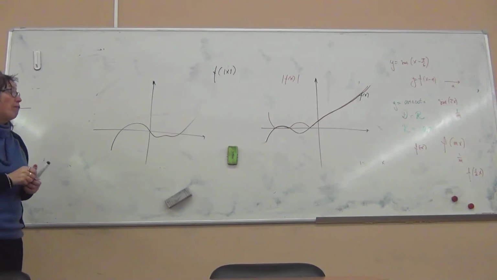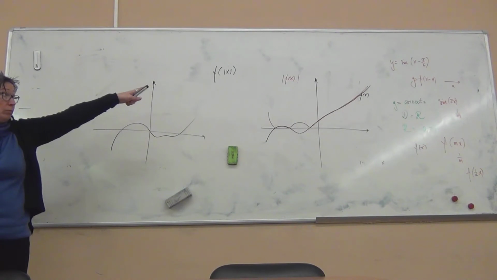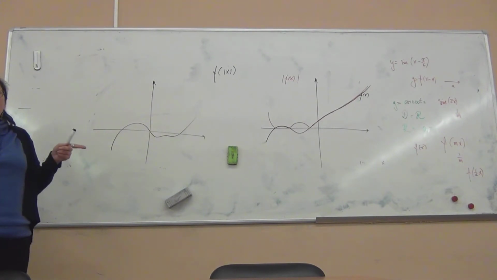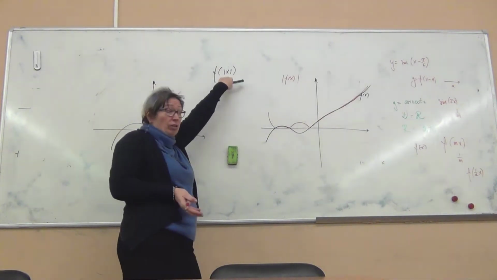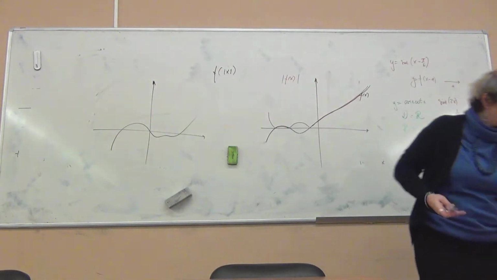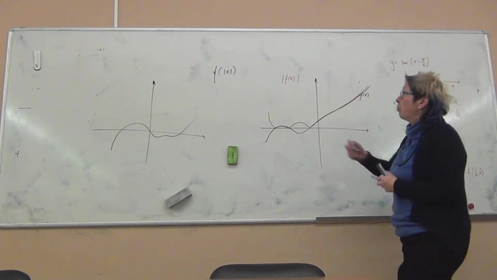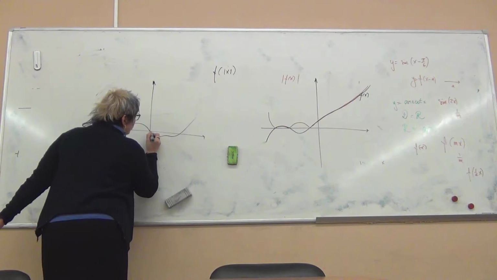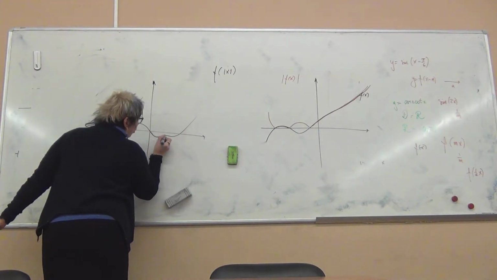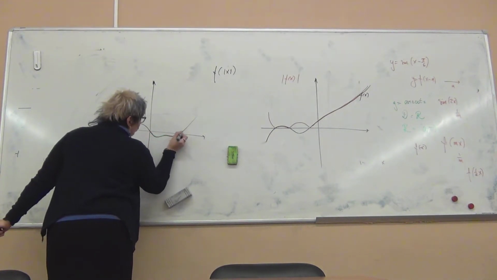So now, if x is positive, then nothing changes. For positive values of x, this gives no change. It's the same function. If x is positive, we still have the same f of x. So for positive values of x, we simply copy the same function.